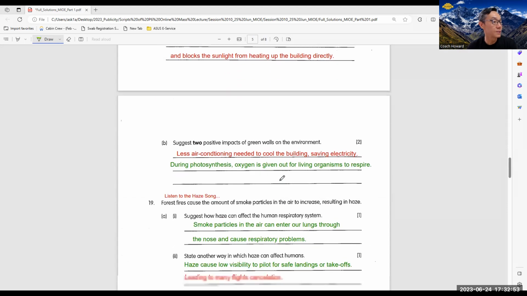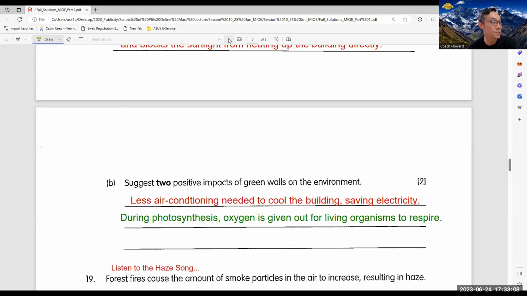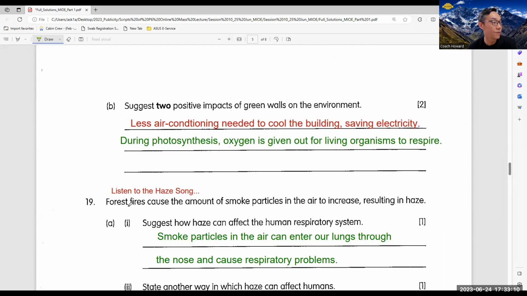Okay, next one. Interesting thing, as I told you, the 2005 haze caused some issues in Singapore because the haze from Indonesia was coming to Singapore. They say forest fires can cause the amount of smoke particles in the air to increase, resulting in haze.